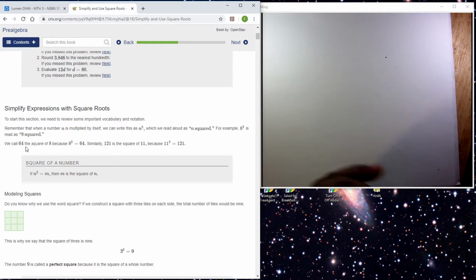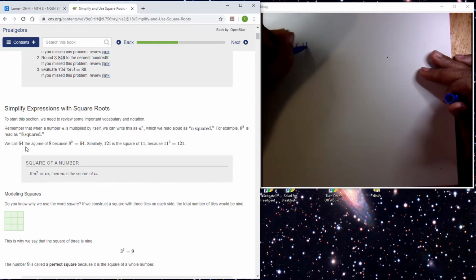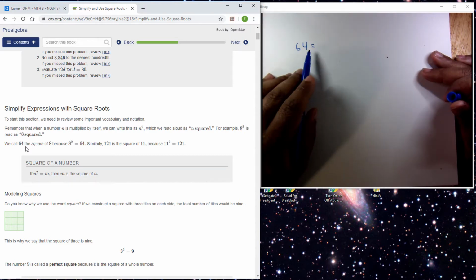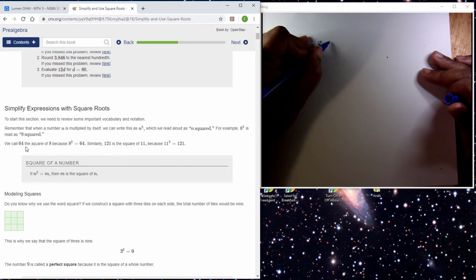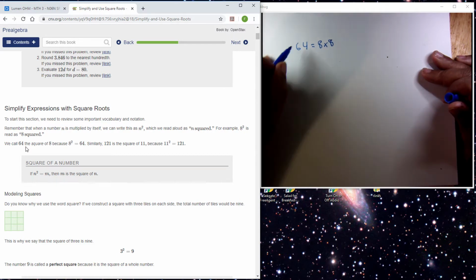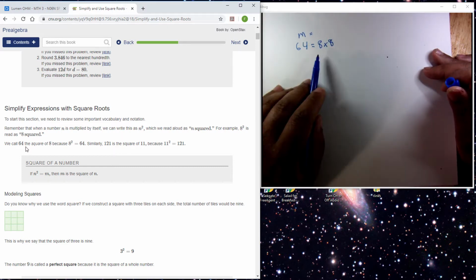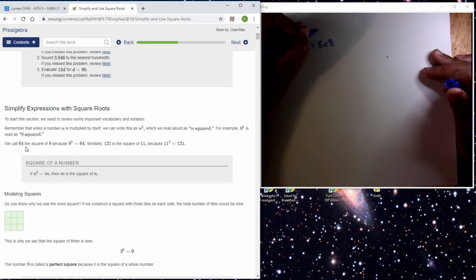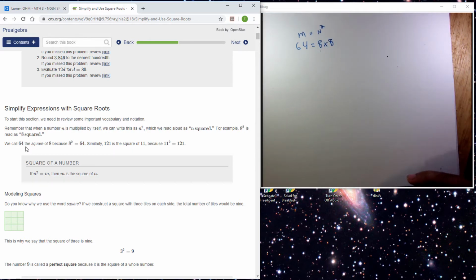That is to say, the square of a number n is the result of asking: what number repeated by itself will give me that number?